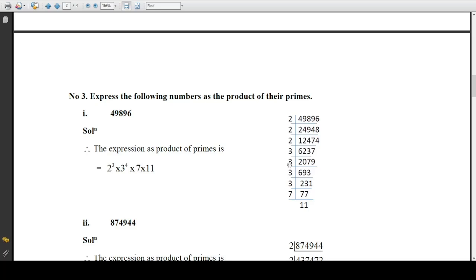Then again 3 with 6, 18, remainder 2 with 7, 27, 3 9s are 27, and 3 3s are 9. Again with 3, 2s are 6, 3 3s are 9, 3 1s are 3. Again with 3 7s are 21, remaining 2 with 1, 21, 3 7s are 21.